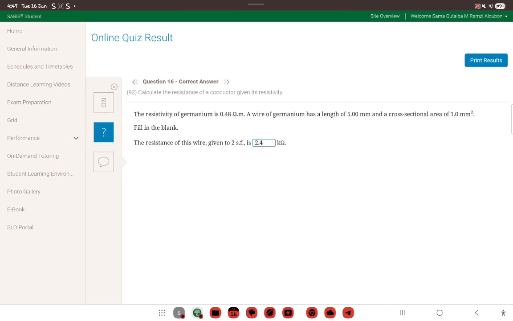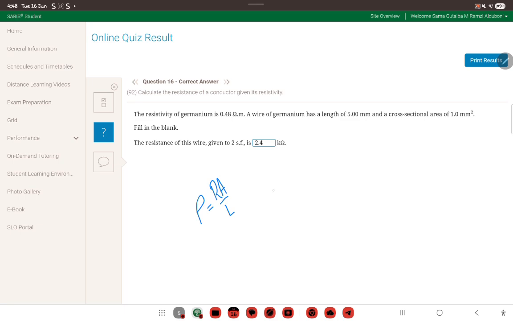The resistivity of germanium is 0.48 ohm meters. A wire of germanium has length of 5 millimeters and cross-sectional area of 1 millimeter squared. The resistance of this wire to 2 significant figures is 2.4 kilo ohms. So we have the formula. Resistivity is equal to resistance times cross-sectional area divided by the length.